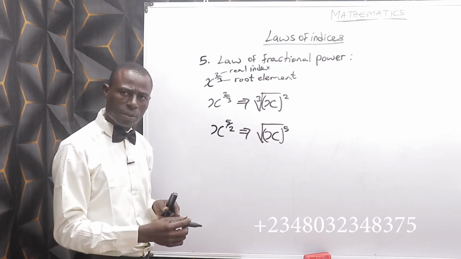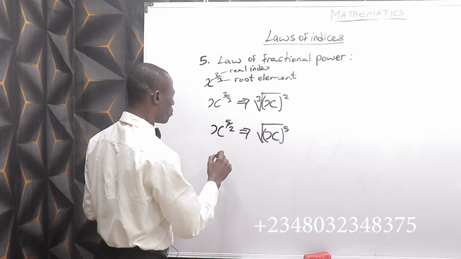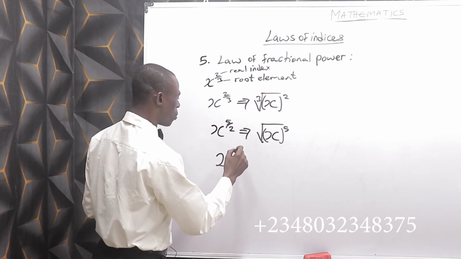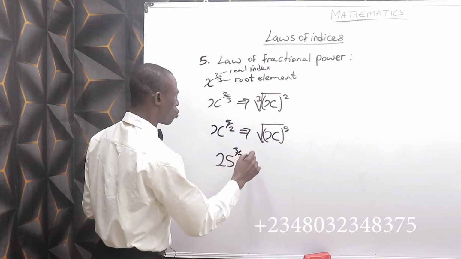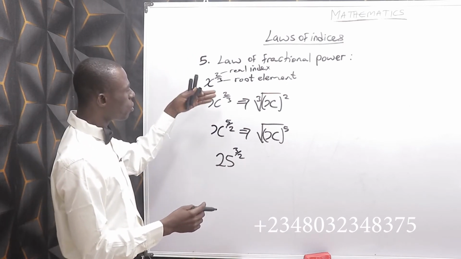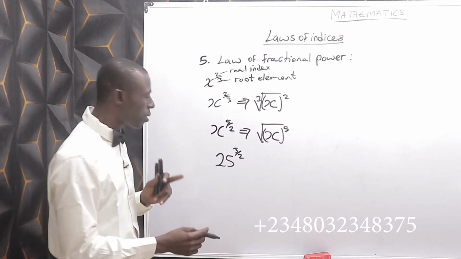Am I communicating? And also, if you have a number like 25 raised to power 3 over 2, you have to simplify it. And you want to use this concept. There are two ways to do it.